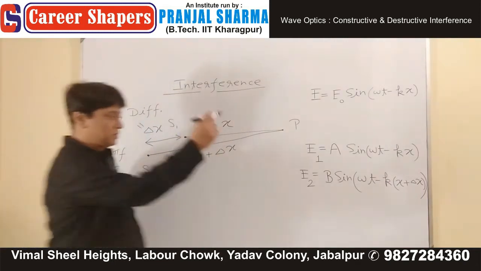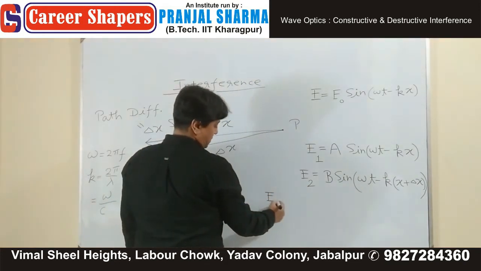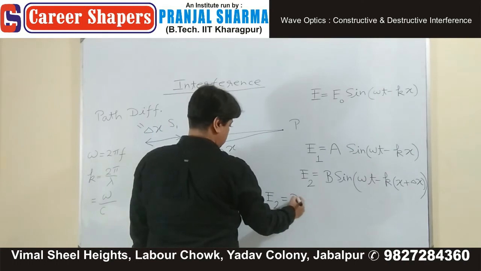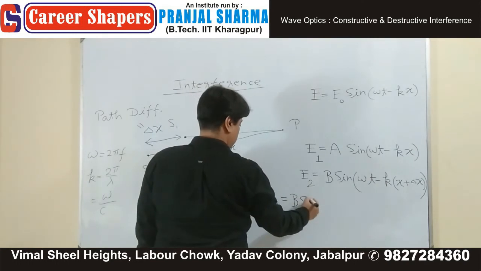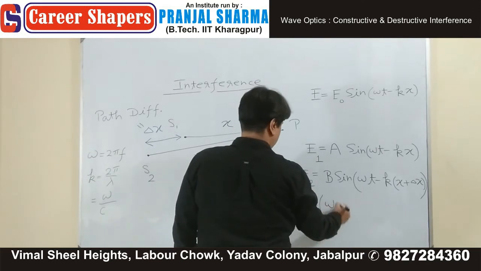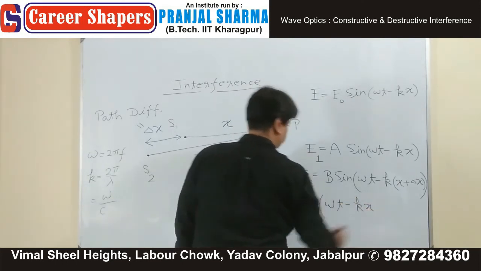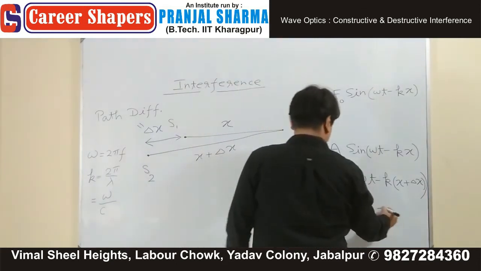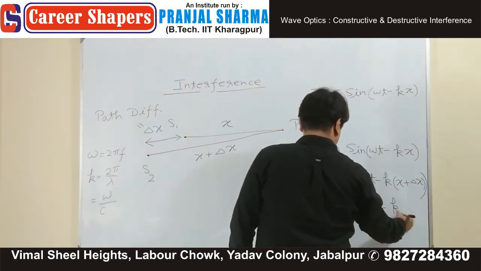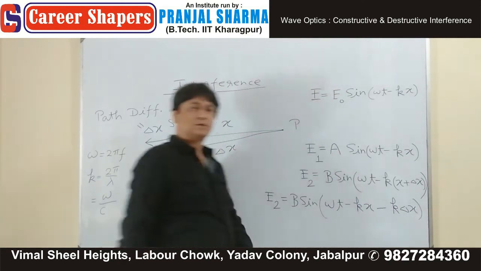Now, this E2 can be written as B sine omega t minus kx minus k delta x.